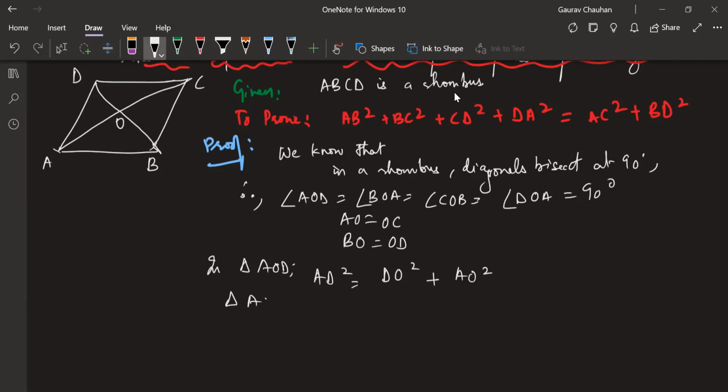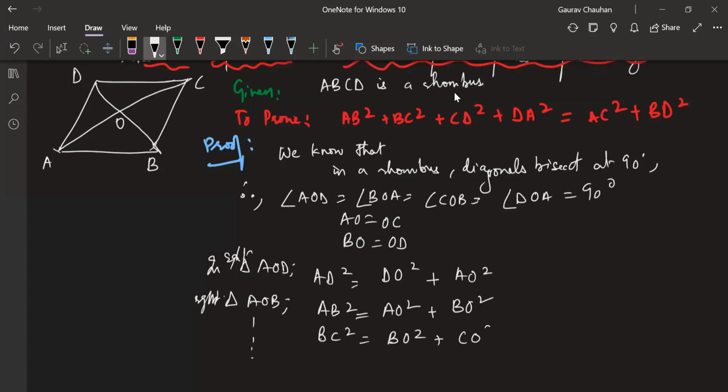In right triangle AOB, AB square is equal to AO square plus BO square. Please write this part. I'm skipping it in the interest of time. So I have BC square is equal to BO square plus CO square, and CD square is equal to DO square plus CO square.